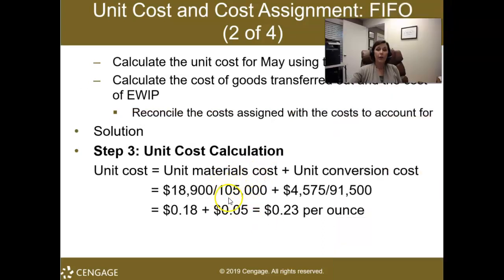So we have 105,000 units that we're applying the materials cost to, and then we have 91,500 units that we're applying conversion costs to. So we break those out separately, and we've got 18 cents a unit in materials, 5 cents a unit in conversion costs, and that gets us to 23 cents per unit.